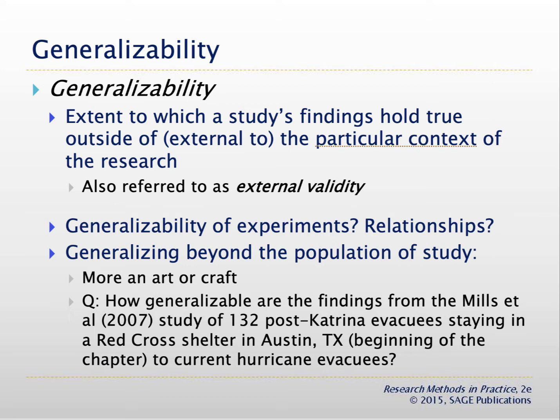But right now, why don't you pause a second, think about that opening study about the post-Katrina evacuees staying in the Red Cross shelter in Austin, Texas. Think about what they learned. Think about, hey, there are a bunch of hurricanes going on now. If I was an emergency response administrator, to what extent do I think what we learned in that study would generalize to now?